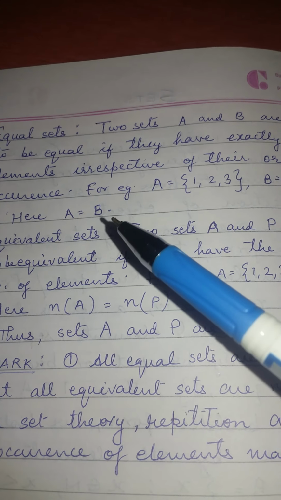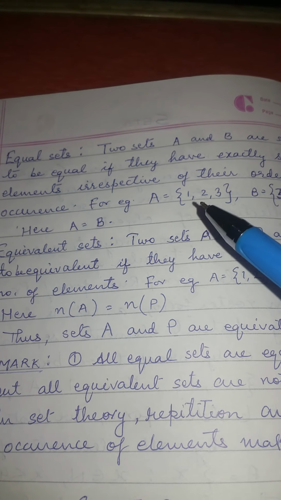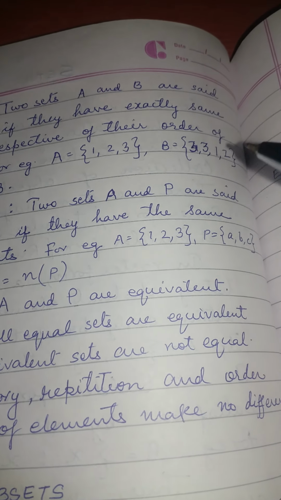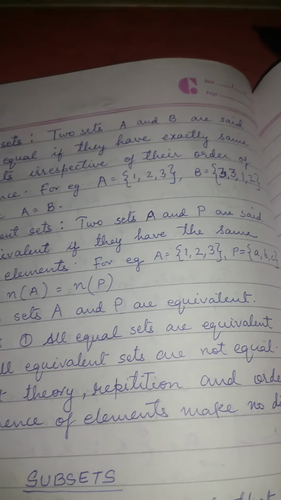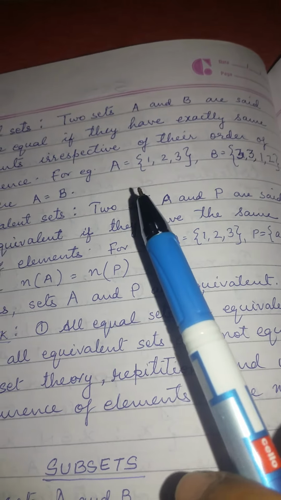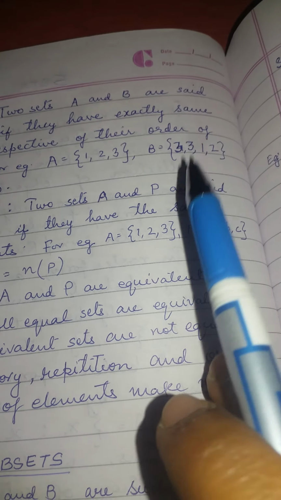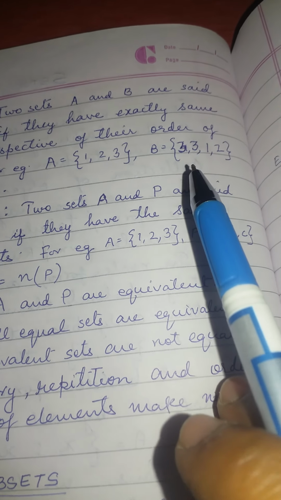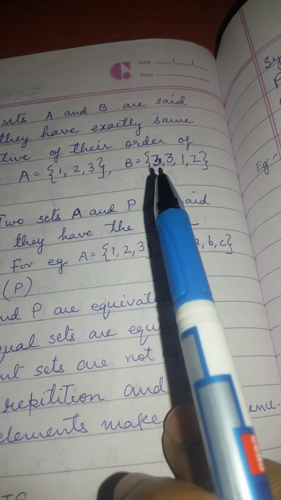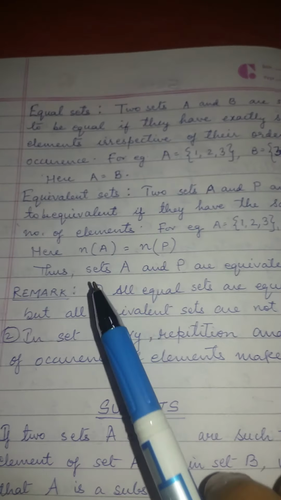We will say set A is equal to set B, because in set A we have the elements 1, 2 and 3, and in set B also we have the elements 1, 2 and 3. Therefore they are equal sets. The number of elements in set A is 3, and in set B it is also 3. Why 3? Because whatever elements we write in the set, it should be written only once. If it is repeated, it is meaningless.